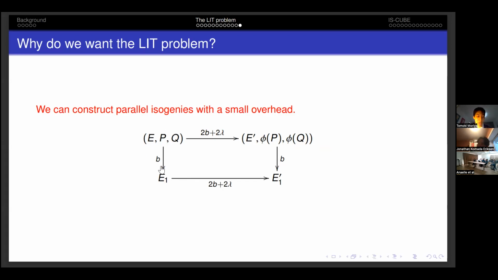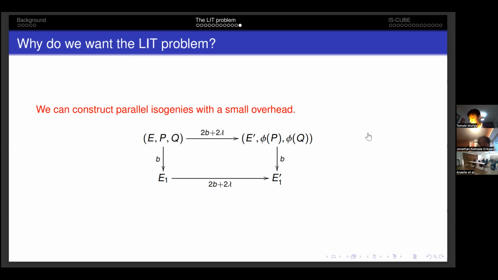The length of it is about B. Then the degree of this horizontal isogeny is about 2B plus 2 lambda from the previous analysis. So we know that we can construct it with not so big an overhead, and by using it, we can construct the parallel isogeny. So this is the reason why I focus on the LIT problem. Okay, so this is a summary of the LIT problem.